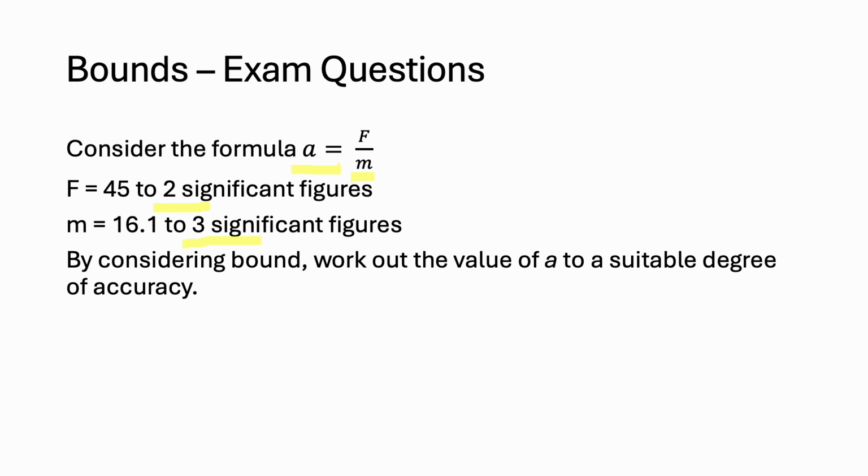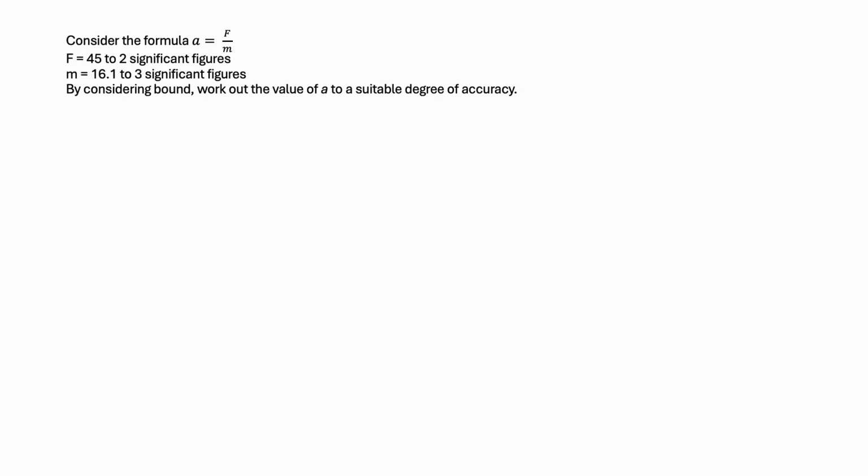By considering bounds, work out the value of A to a suitable degree of accuracy. Okay, that's very important. So let's do it. So let's work out the error intervals for F and for M.